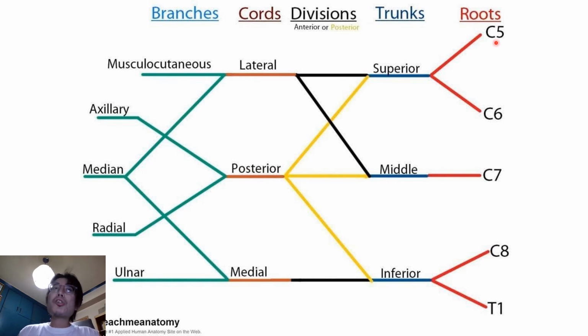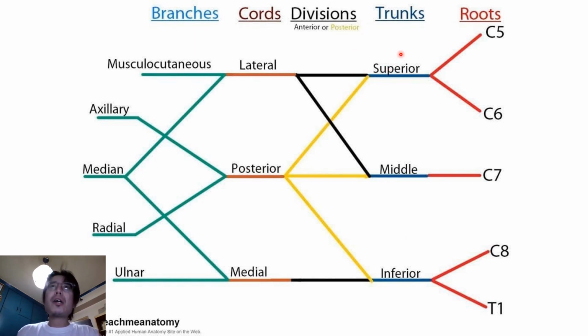The brachial plexus can be divided into five main parts, starting off with the roots of C5, C6, C7, C8, and T1. The roots coalesce or simply continue, as is the case with the C7 root, into the trunks. The trunks are superior, middle, and inferior trunks.